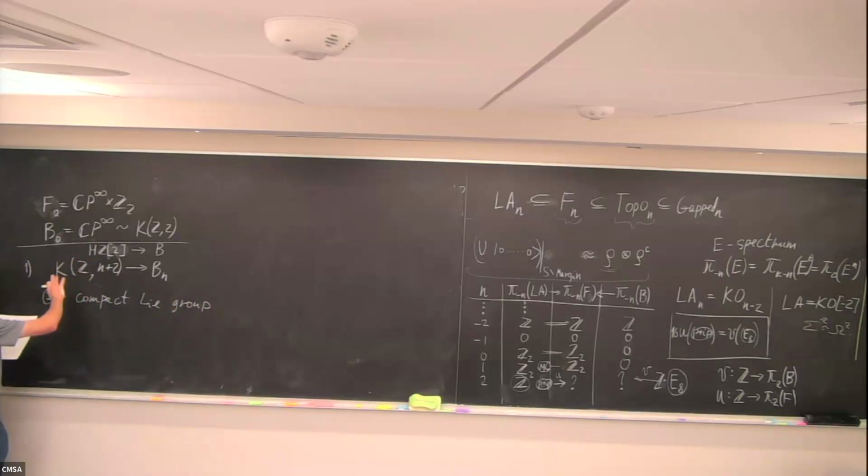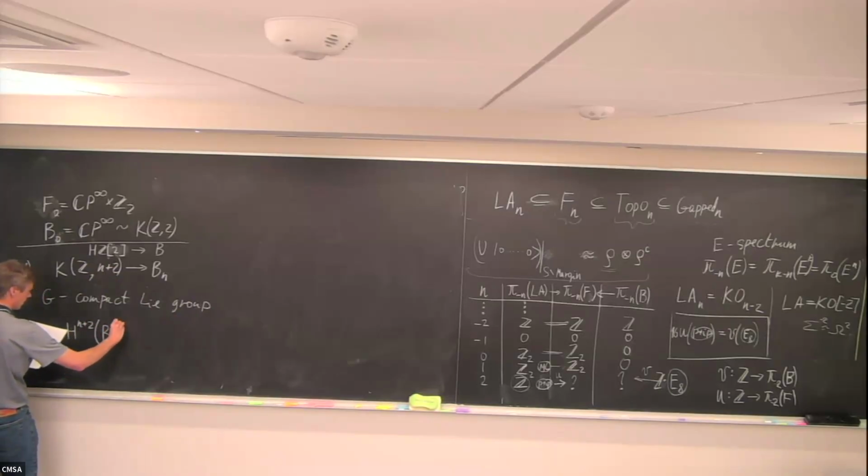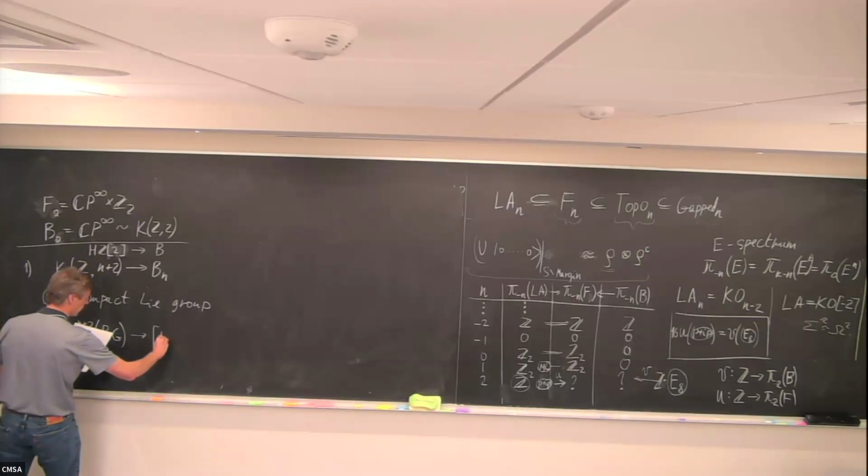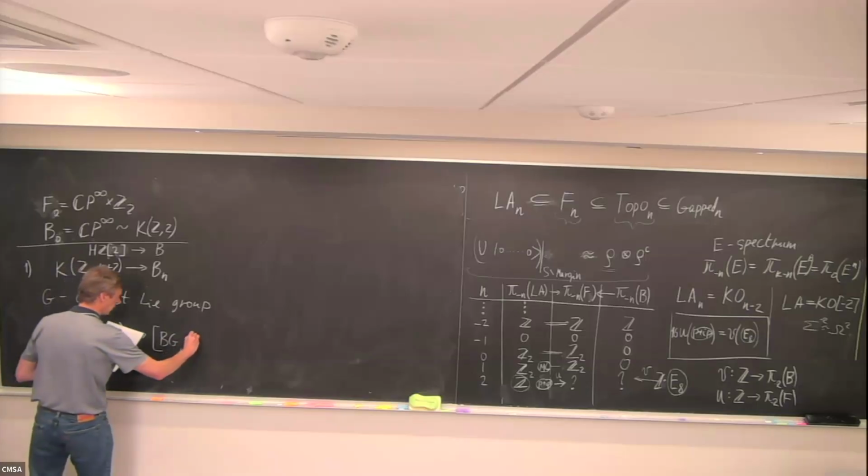Then we have a map from H^{n+2} of BG to maps from BG to Bn.